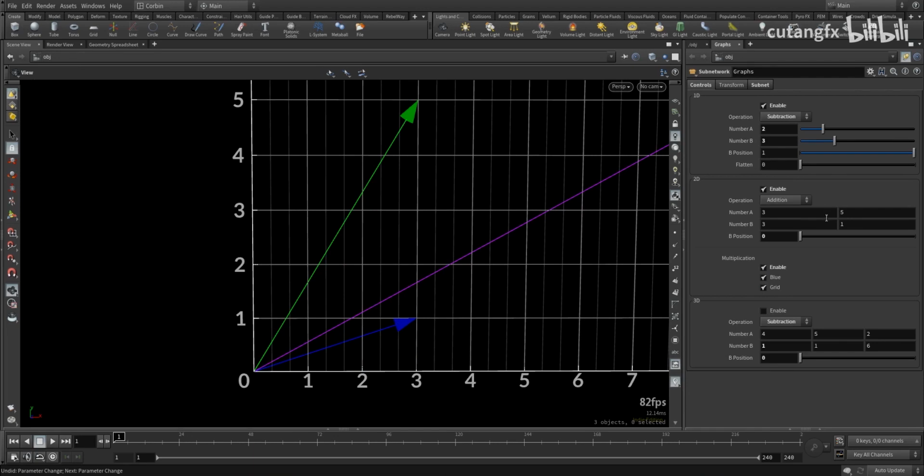Now, our blue vector currently is 3 by 1. So 3 on X, so every single unit of X for the green counts as 3 units instead, because our blue vector is 3. But then the height, the Y value of our blue is 1. So now 1 equals 1.